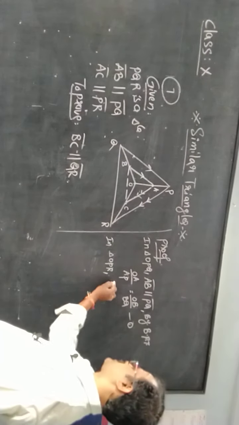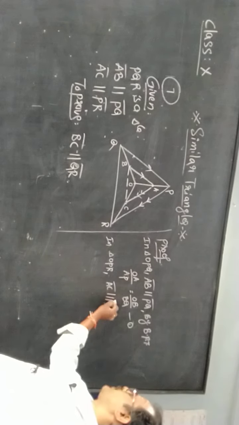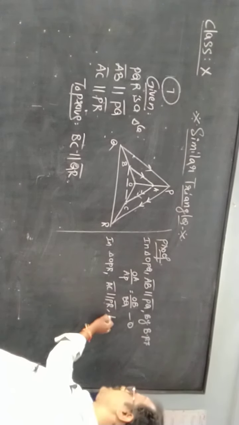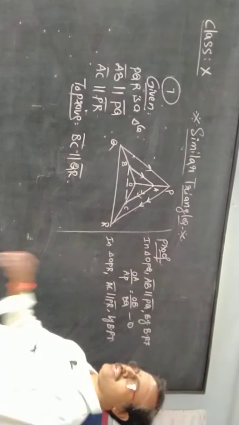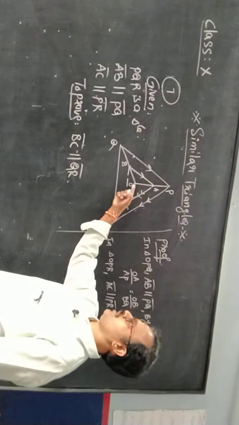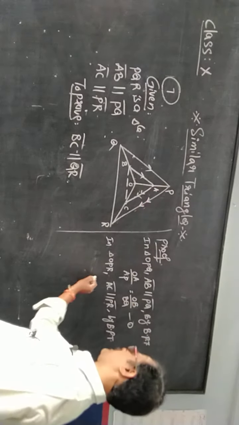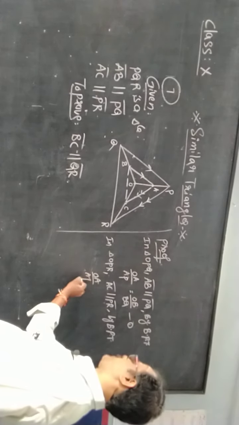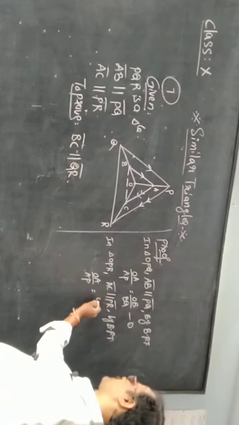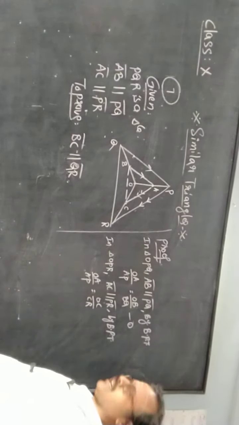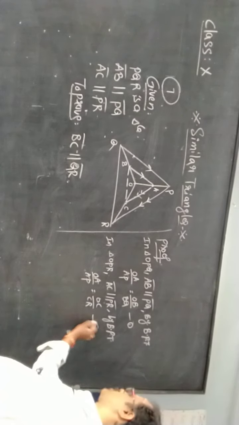So AC line segment parallel to PR line segment. Again, by basic proportionality theorem, what can you say here? The same ratio. OA by AP is equal to OC by CR. OC by CR. Taking this one as 2.